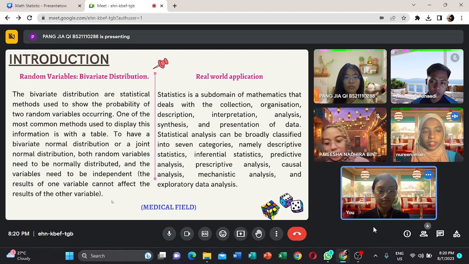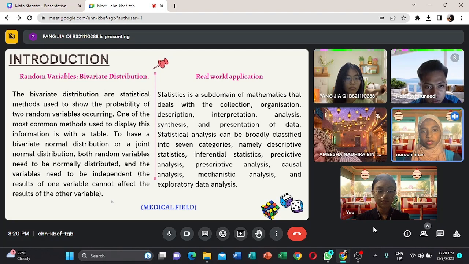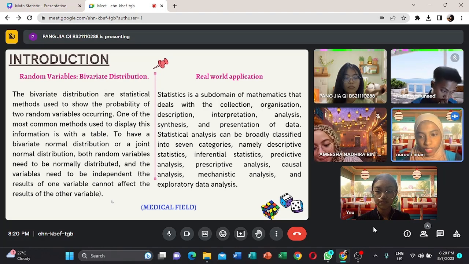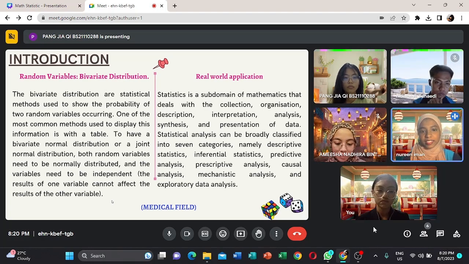Okay. For the first, we know our topic is real world application for random variable such as bivariate distribution. So statistic is a subdomain of mathematics that deals with the collection, organization, description, interpretation, analysis, synthesis, and presentation of data.